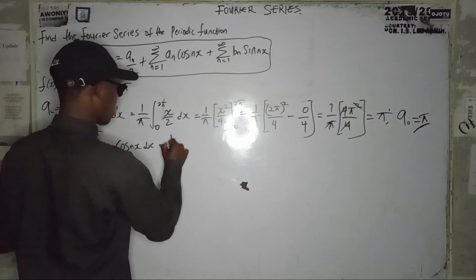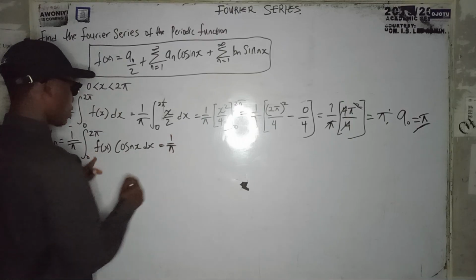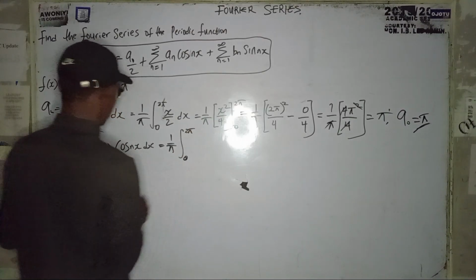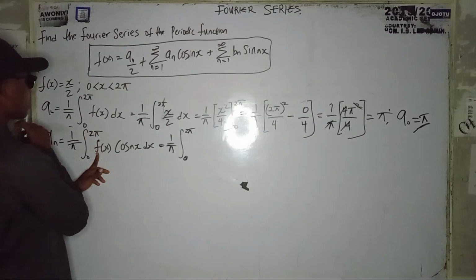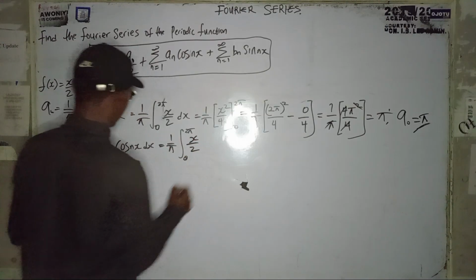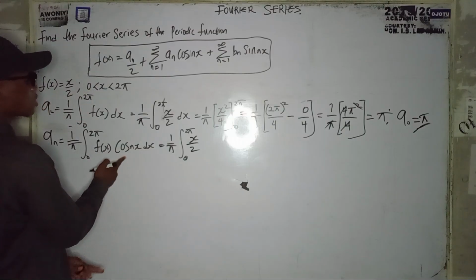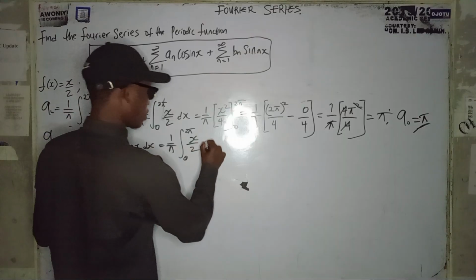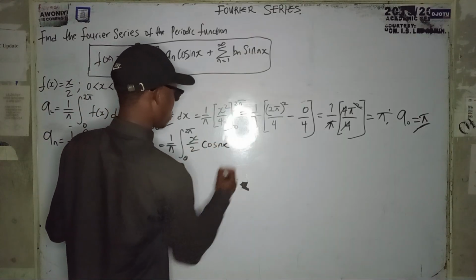This is going to be equal to 1 over pi times the integration from 0 to 2 pi. Our f of x is x over 2, and then we have cos nx dx.